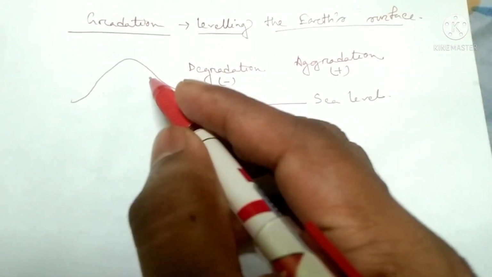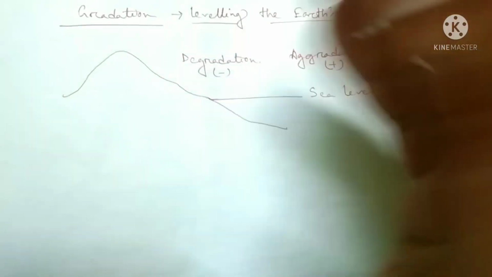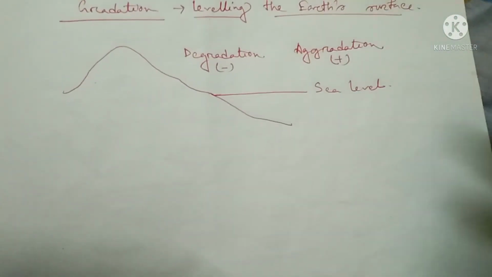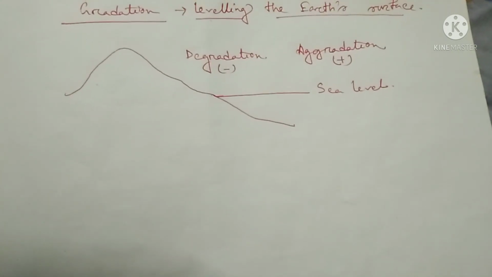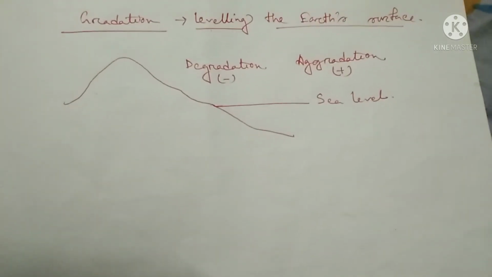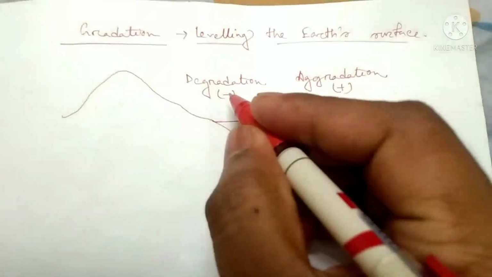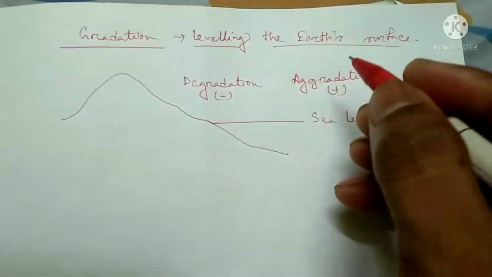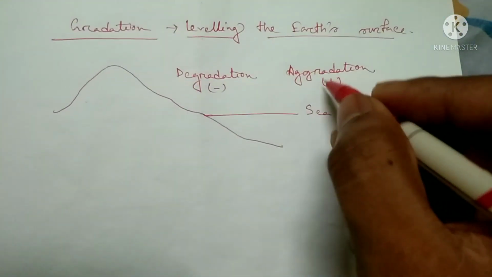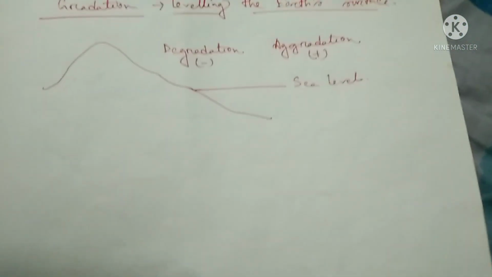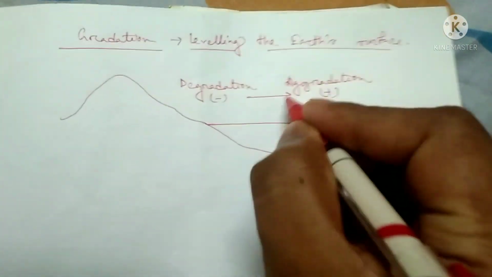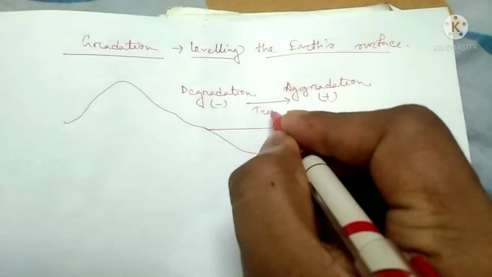Now these highlands, by which process do they reach the sea level region, that is the most important thing. And here is the involvement of another three processes. One is degradation, very easy to remember, that means the loss of land. One is aggradation, that means there is addition of land, and in between you should remember the transportation.